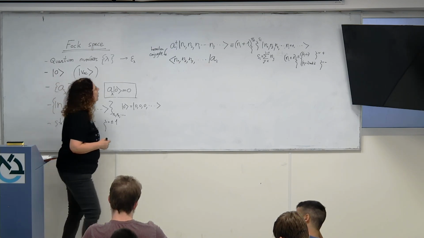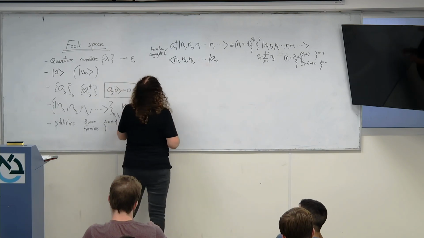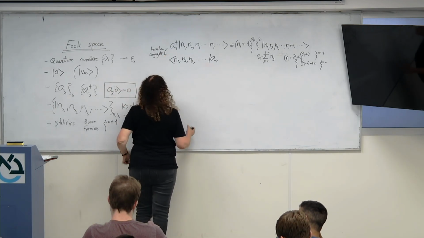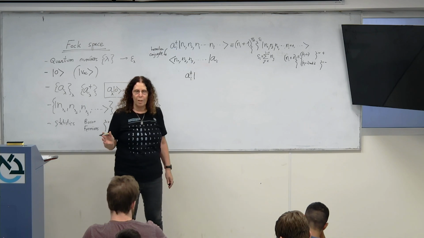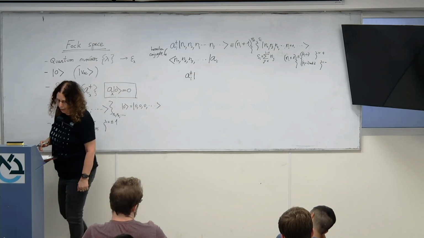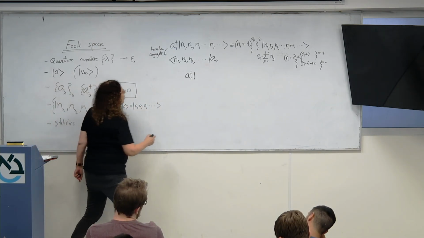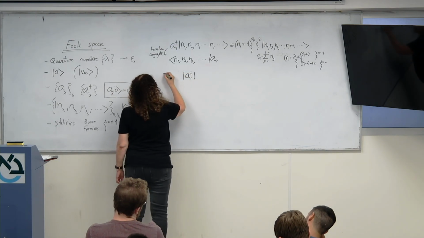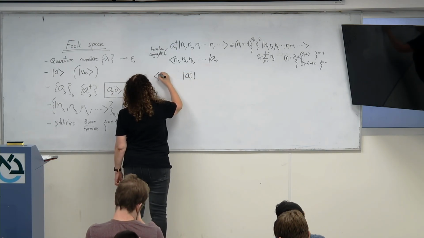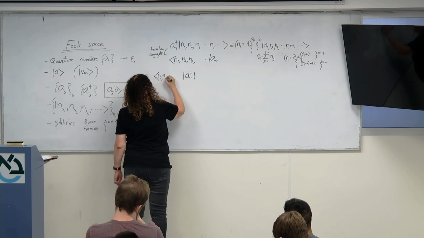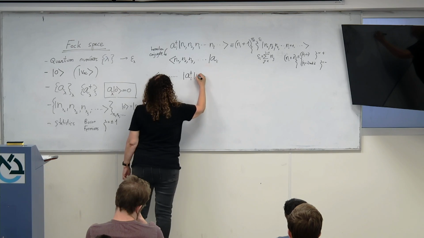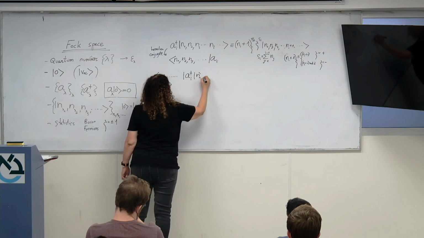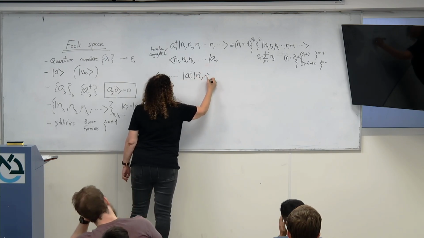matrix element. I'm going to look at a matrix element of A dagger between two arbitrary Fock states. Let's denote the state on the left without the prime, and this one as n1 prime, n2 prime.